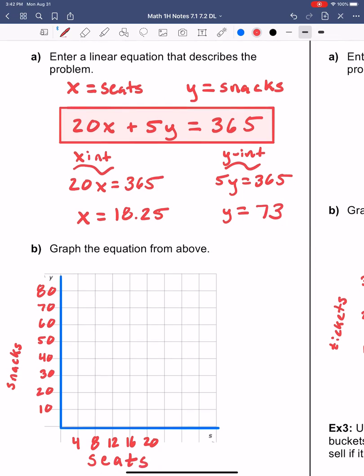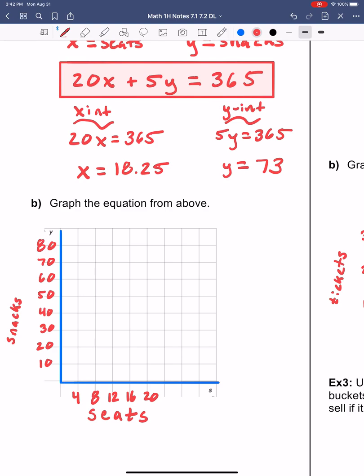Now that I have those intercepts, I can put those on the graph. The x-intercept is at 18.25, 0. Notice I've already labeled the x and y axes here. You'll have to pause the video and do that on your own. So we have 18.25, which is just about right here in the middle, for the seats, and then 73, which is going to put me right about there.